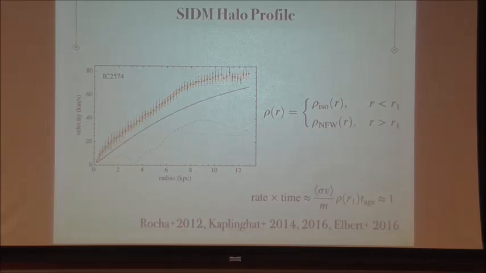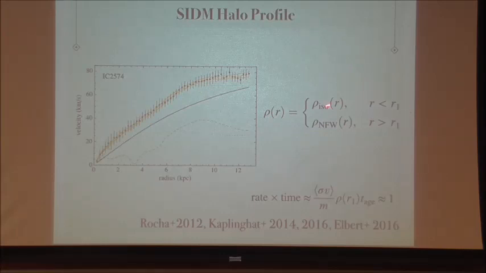So just an example of what it can do, this is the galaxy IC2574. This is from the THINGS survey. The solid line is the dark matter halo. The dashed line is the gas disk, and this dotted line is the stellar disk. And it gives a reasonable fit.